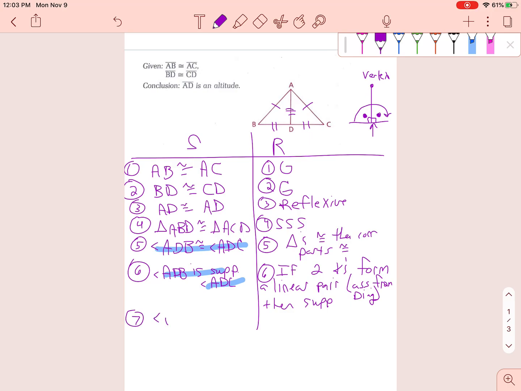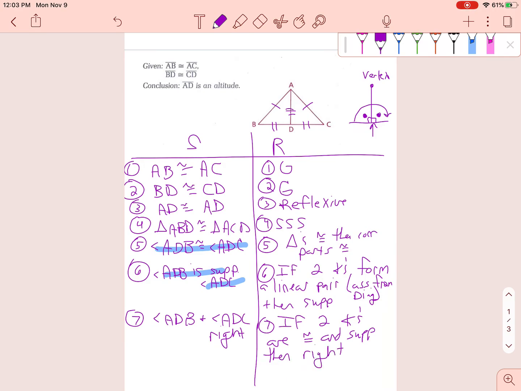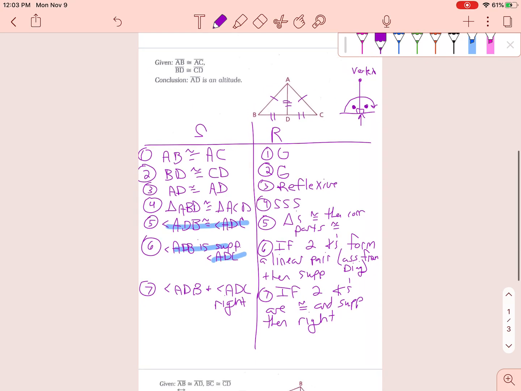So angle ADB and angle ADC are right angles. Okay, and that is because if two angles are congruent and supplementary, then they are right angles. And why do we care that they're right angles?